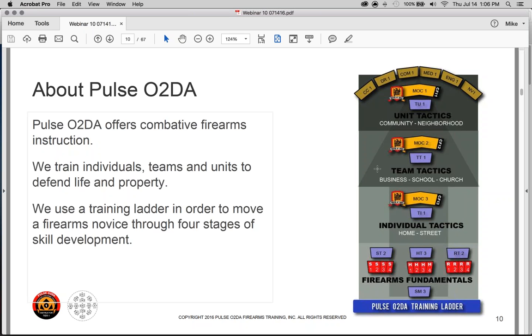We then take the next step up the ladder, which is team tactics, where we train individuals both as micro teams and up to 6-man teams in order to defend a specific facility, such as a business, school, or church. And then we culminate at the top with unit tactics, where we train individuals and teams to defend a territory or a geography, specifically a territory described by a community or neighborhood composed of multiple facilities, organizations, and residences, and within that to be able to defend against some form of violent threat.